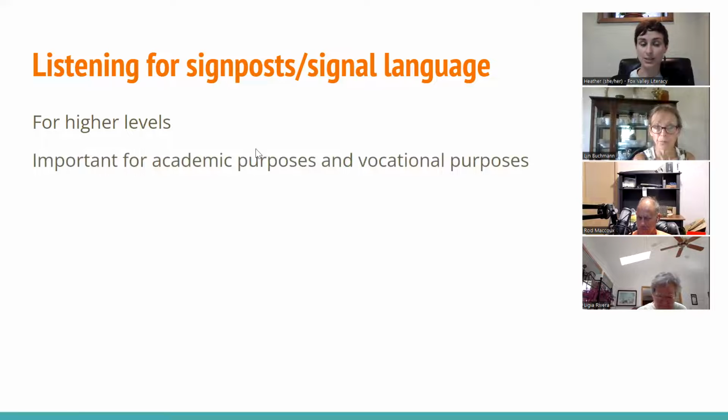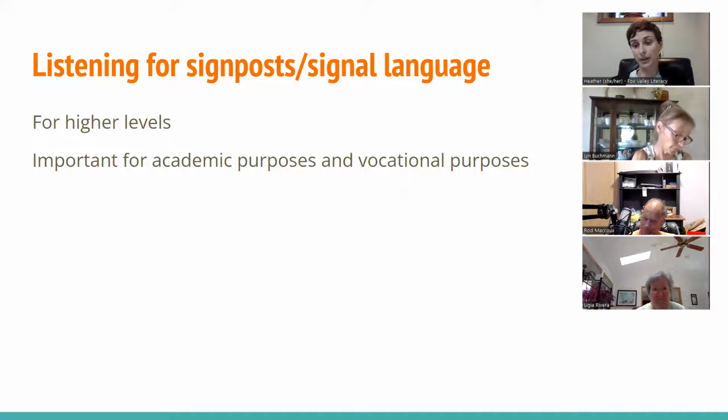Signposts or signal language are very important for academic and vocational purposes. So if your student wants to go into higher ed in English, or if they have professional advancement goals, signposts and signal language can be really helpful for them to be more successful in their careers, especially if they're hoping to move into a more supervisory position.